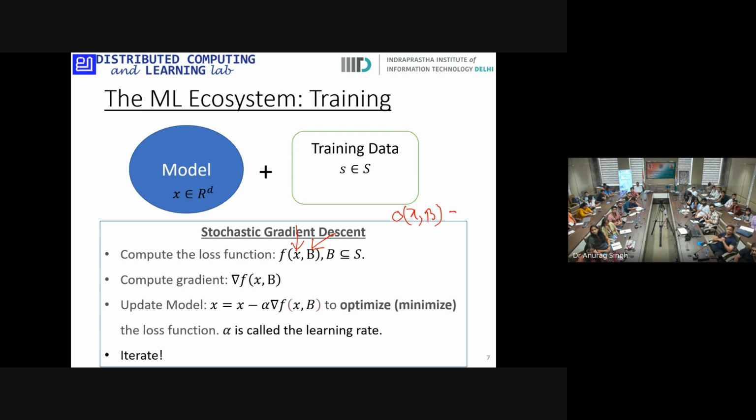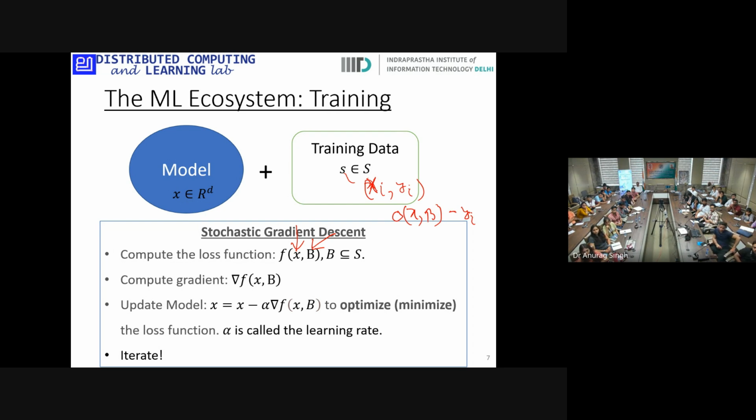For each of those samples, you will have some labels, yi. So the data S is essentially xi comma yi. One sample is xi comma yi. Because I'm using the model as little x, let me use big X over here. So big Xi comma y.